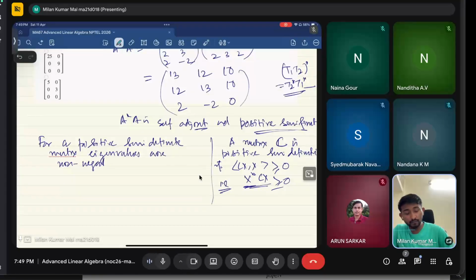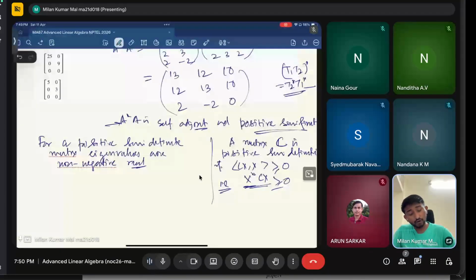Why are they real numbers? Because this is self-adjoint, its eigenvalues have to be real. That is the first point. Second point, since this is positive semi-definite, one can check that all the eigenvalues are non-negative. Why? If a matrix C is positive semi-definite and lambda is an eigenvalue of C, then there exists a vector x not equal to 0 such that Cx equals lambda x.